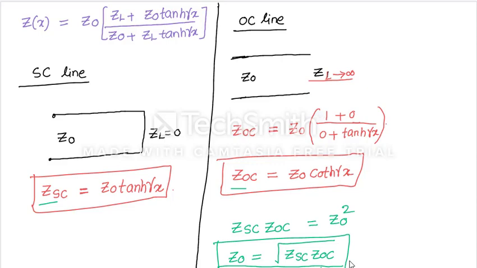So the characteristic impedance of a transmission line is the geometric mean of the short circuit and open circuit impedances.